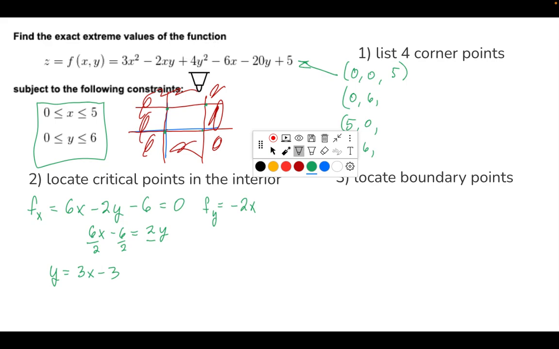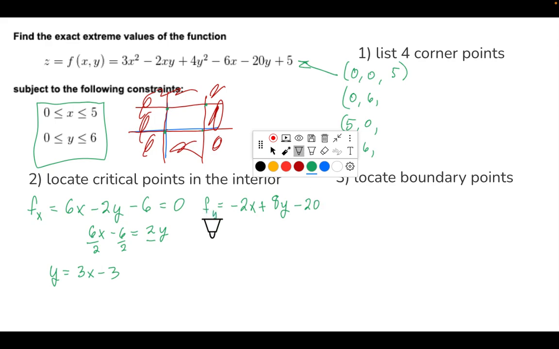The 2 comes down, we get 8, not 6, right? 4 times 2 is, shoot, I'm going to have problems with that the rest of the semester, I know. 4 times 2 is 8. 8y minus 6, x is fixed, is a constant, so that's a 0. Minus 20y, the derivative of y is 1, so we get a minus 20. Derivative of 5 is 0 because it's a constant, so that's what we get here.